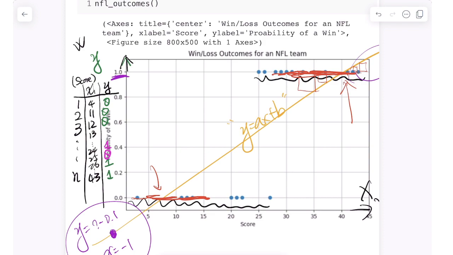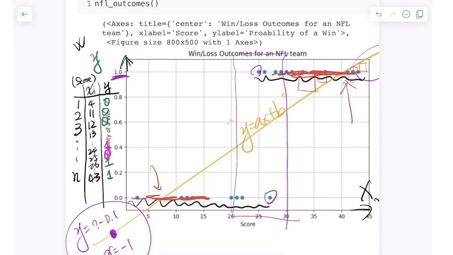For data like here, sometimes you score, for example, 26 points but you lose, but sometimes you score 25 and you win. There's a probability to describe such data.